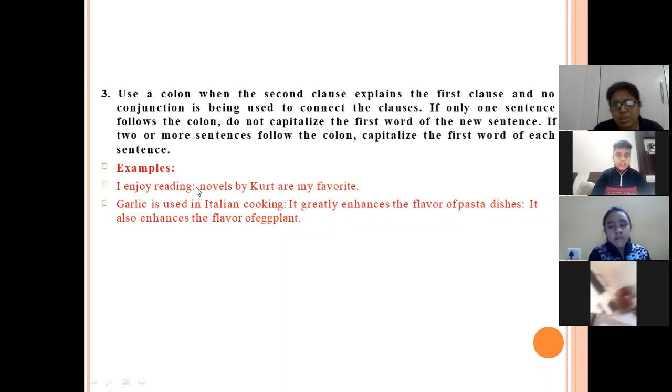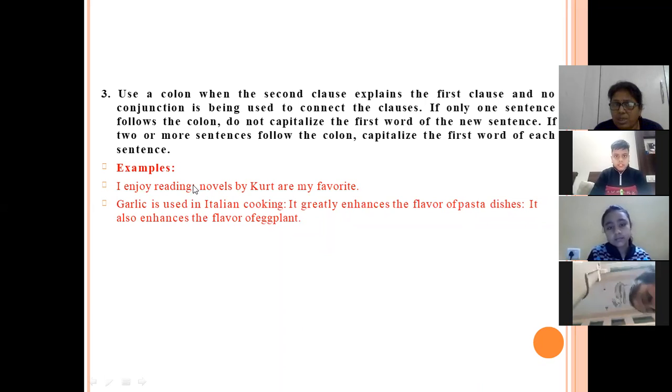But if conjunction is not there and the second one is explaining the first part, see, novels by Kut are my favorite. The novels written by this writer are my favorite novels and I like reading. Okay. So this part you have written first, but more explanation is given in the second clause.